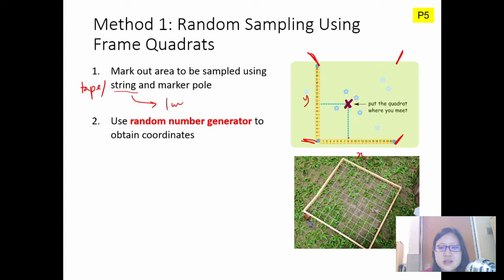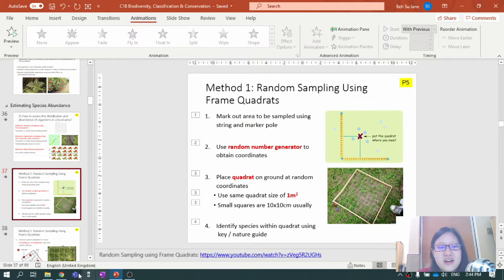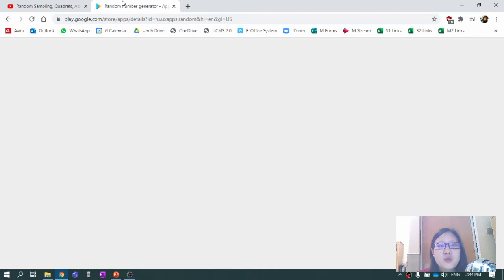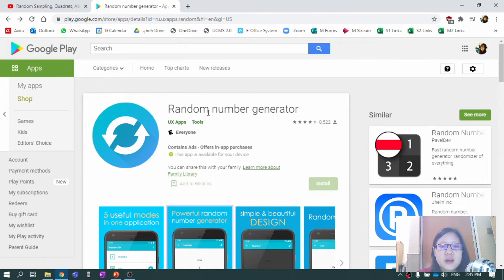Okay, so in this case, you can see here that the coordinate is 8, 10, and you can use a random number generator app on the phone in order to do that. Now you can find it on Play Store or Apple. I can't believe I'm actually promoting this, but if you Google it or whatever, you will find it.